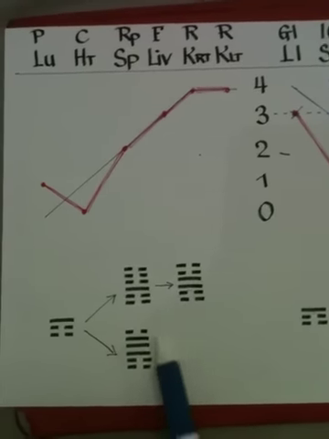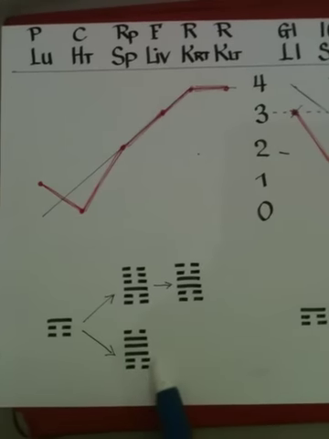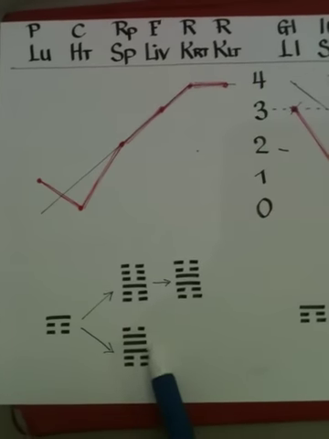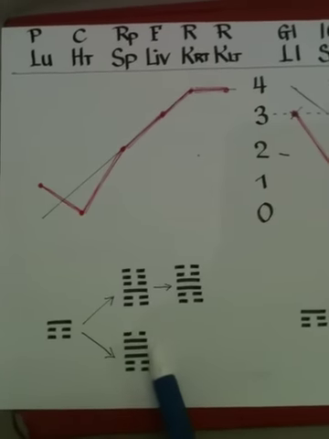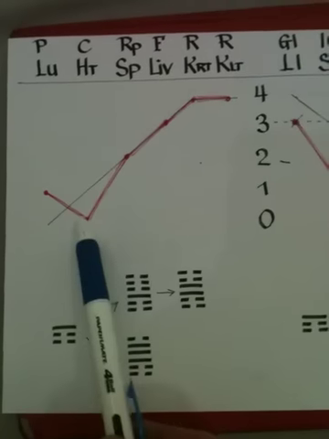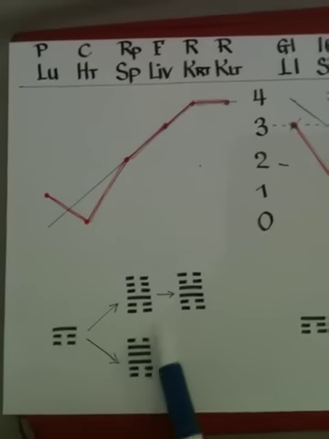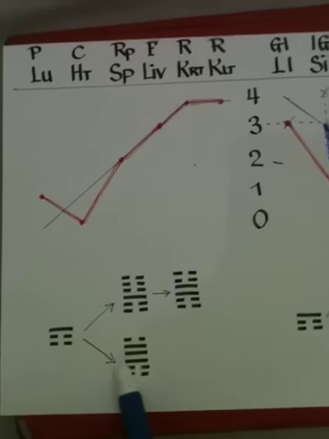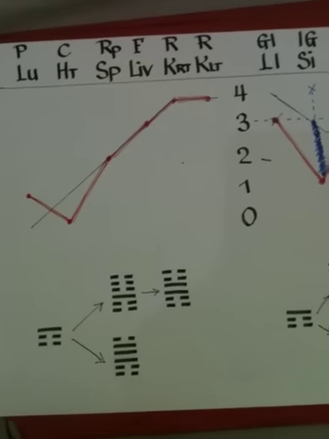So this hexagram corresponds to the metal, and it works very well, and we will use just one point, the metal point in the pericardium meridian, opposite to the earache.